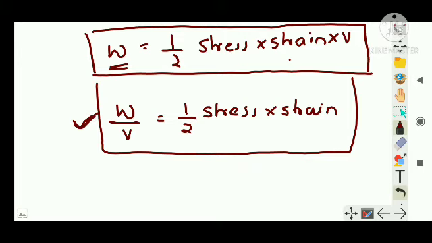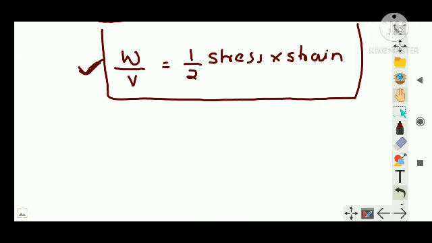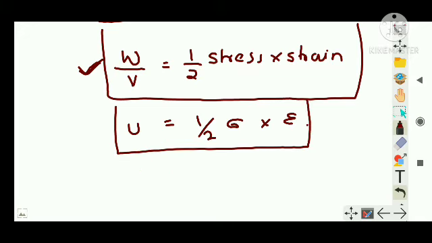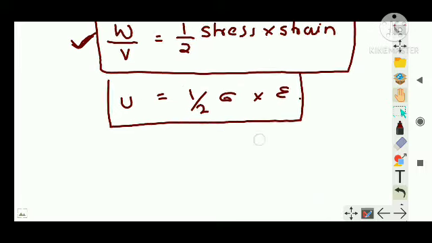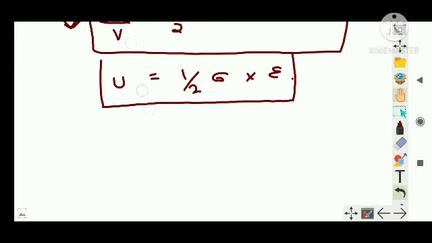Work done per unit volume is usually stored as energy, so you can even say half sigma into epsilon. Clear? That is the potential energy stored inside that object. So this is the expression for it.